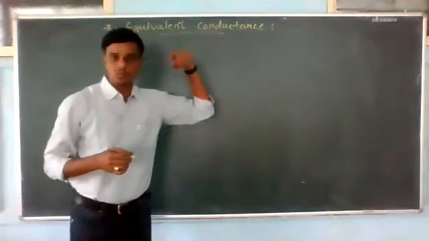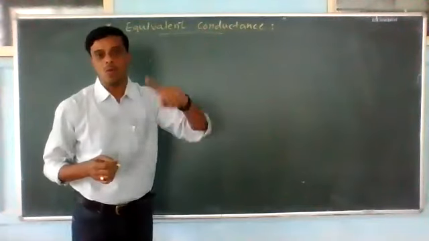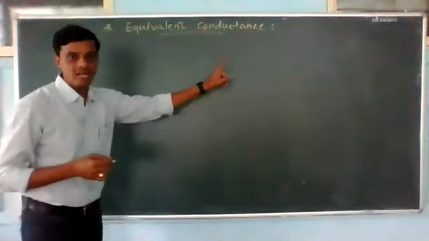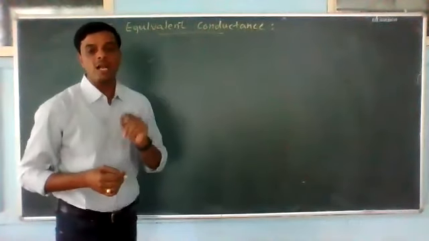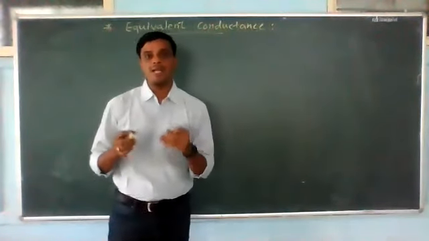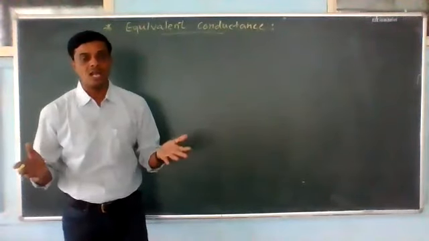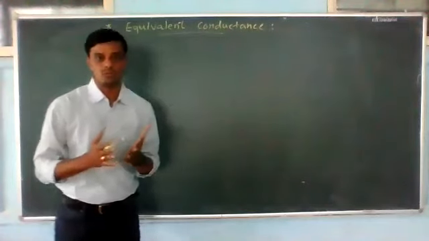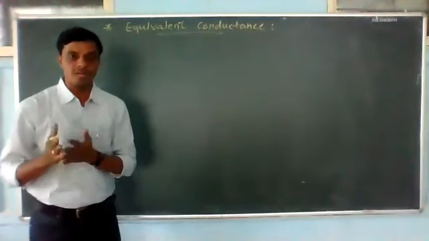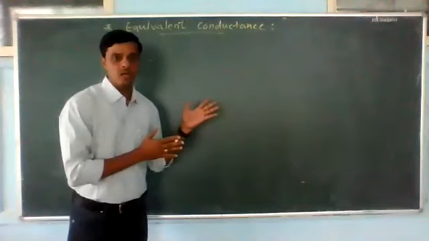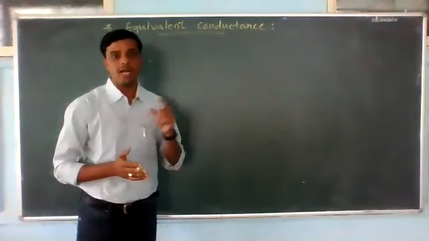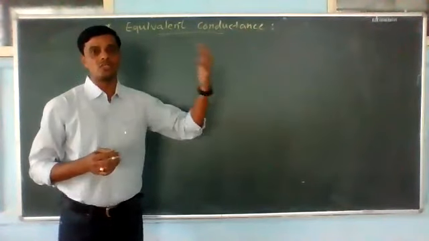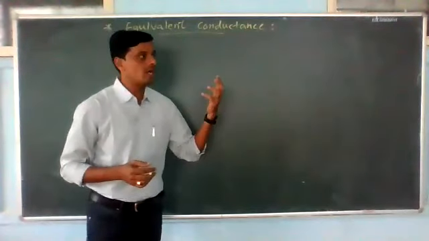Why is the specific conductance not suitable for the electrolytic conductance? Because electrolytic conductance depends on various factors like the concentration of solution and temperature. We discussed in the very first lecture that the greater the concentration, the greater the electrolytic conductance.